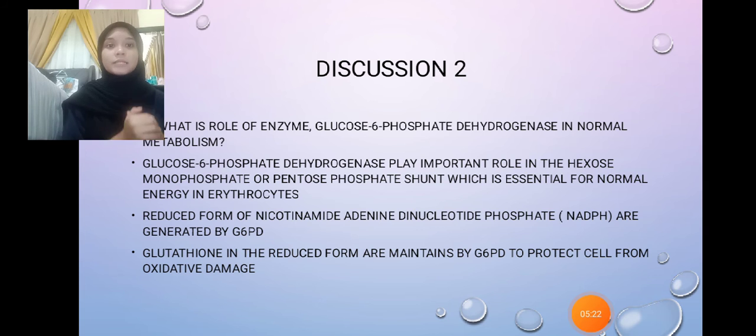For the discussion, the question is, what is the role of the enzyme glucose 6-phosphate dehydrogenase in normal metabolism?